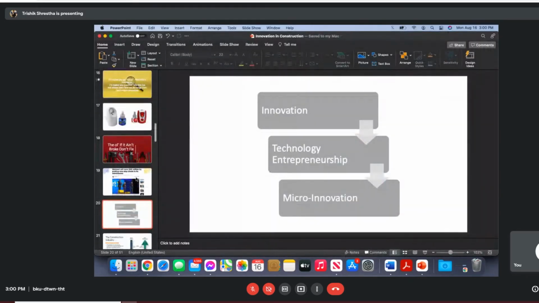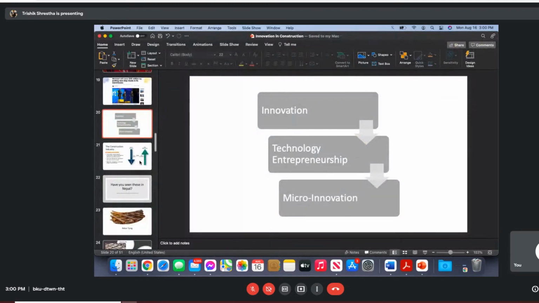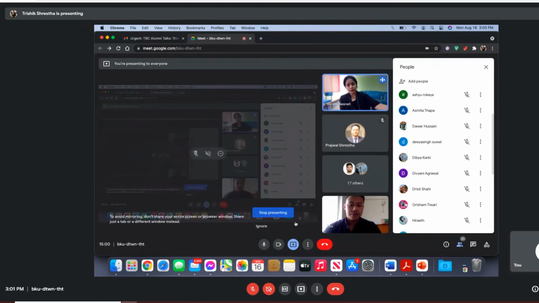Okay, so moving forward, is there any question up to this point? Because now we're moving forward towards the construction industry and examples regarding the construction industry. So up to this point, if there's any question that anyone wants to ask me, then this is the right time to do it. Trishik, I have one comment or question.